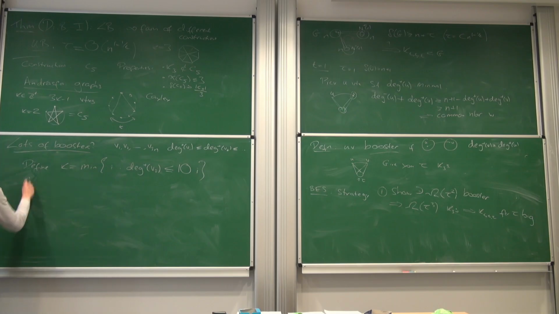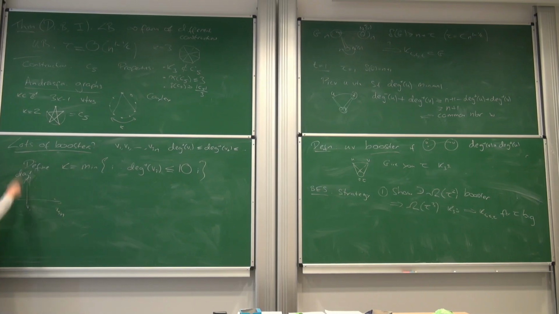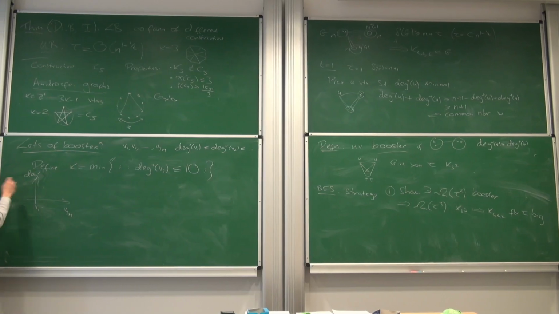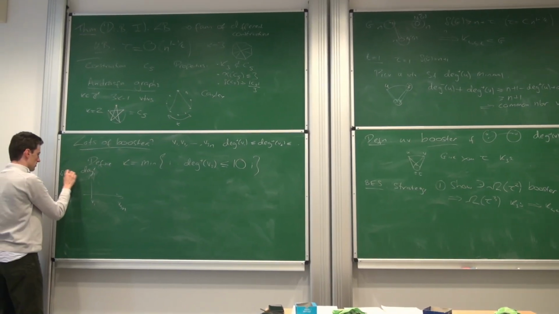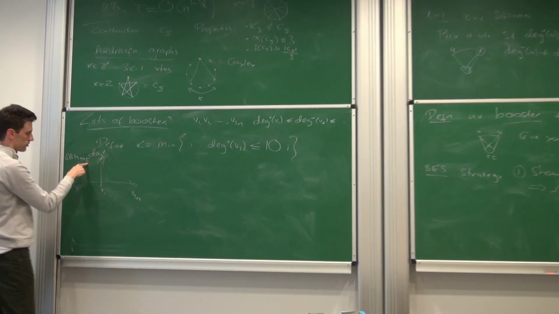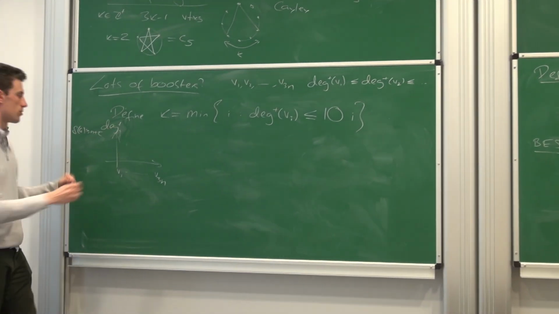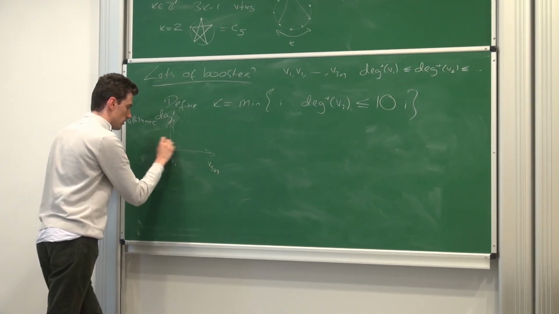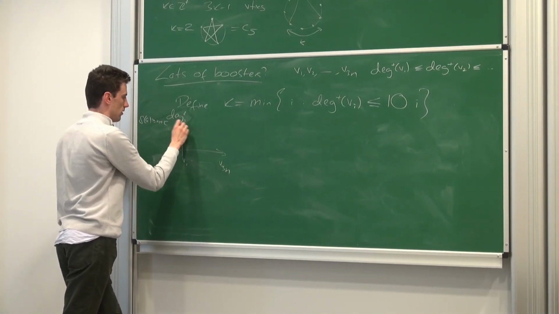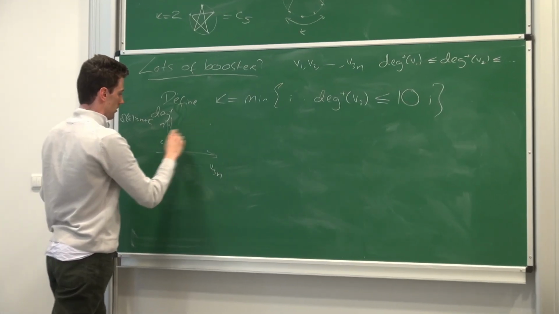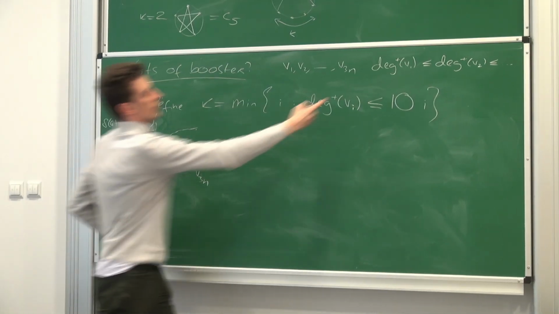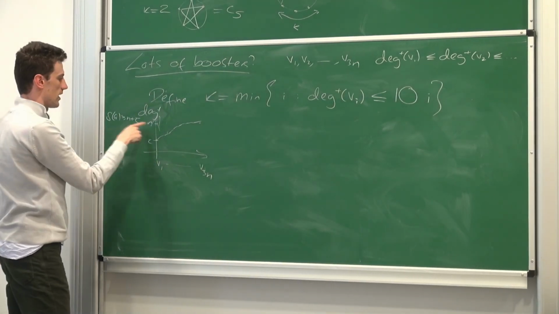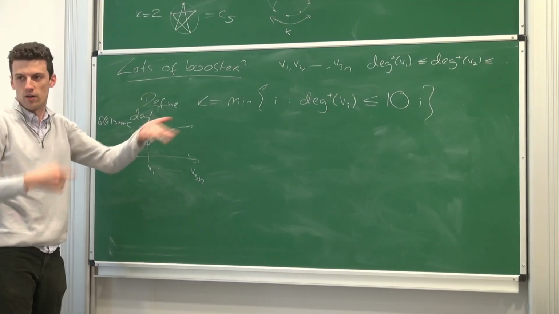So I'll just draw you a picture. If I'm plotting v1 up to v3n here, and I plot their forward degrees on the y-axis, we know because the minimum degree is at least n plus tau, every vertex has at least tau neighbours in the next part. So you start above tau. It's increasing, and no vertex has more than n neighbours in the next part, which just isn't space.